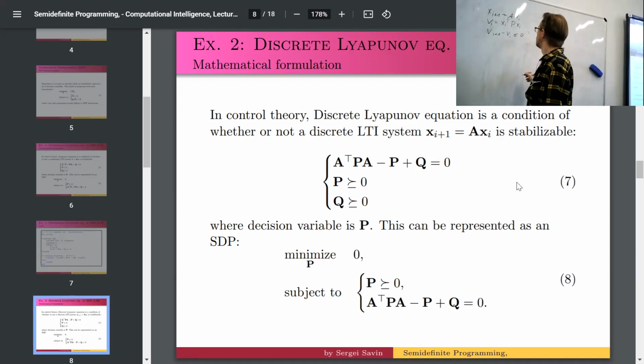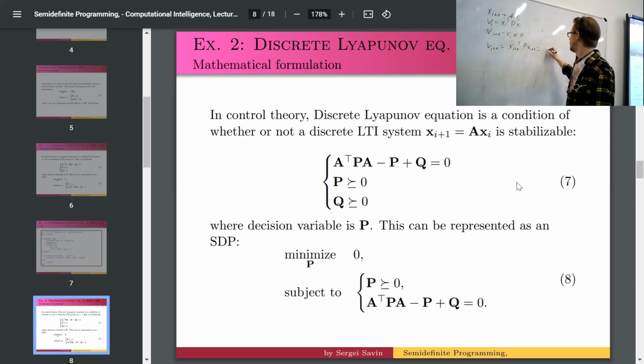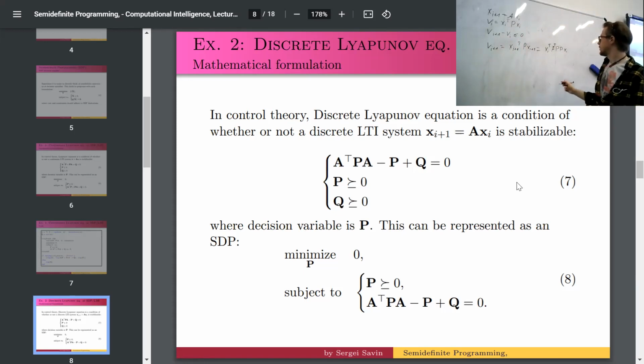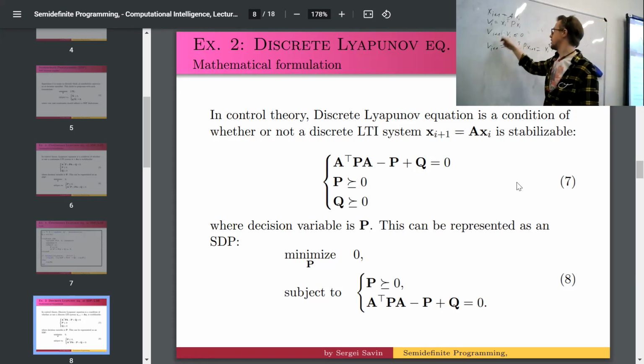So let's write. What is V_{i+1}? This is x_{i+1}, which is the same as, you substitute here on the right and the left. Good. Now, what is this guy?